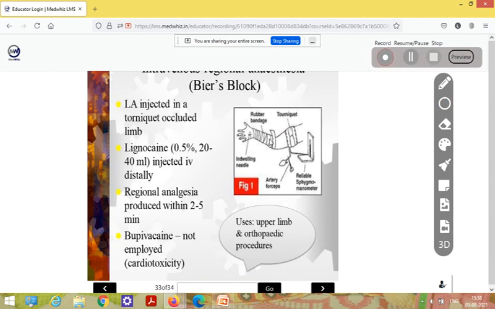Then you're going to inflate the tourniquet, and when this is happening, we inject the local anesthetic IV distally. You could attain regional anesthesia within 2 to 5 minutes. You can't keep it for a long time because the procedure could be hazardous if there is going to be an ischemic injury. And more importantly, bupivacaine cannot be used mainly because of its higher cardiac toxicity.